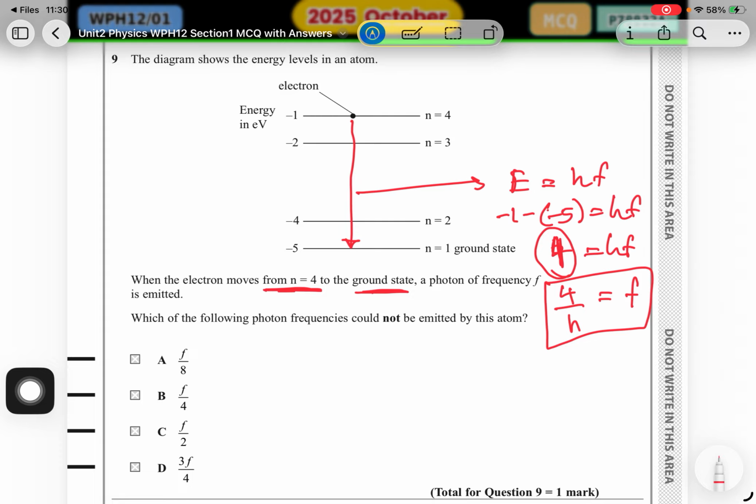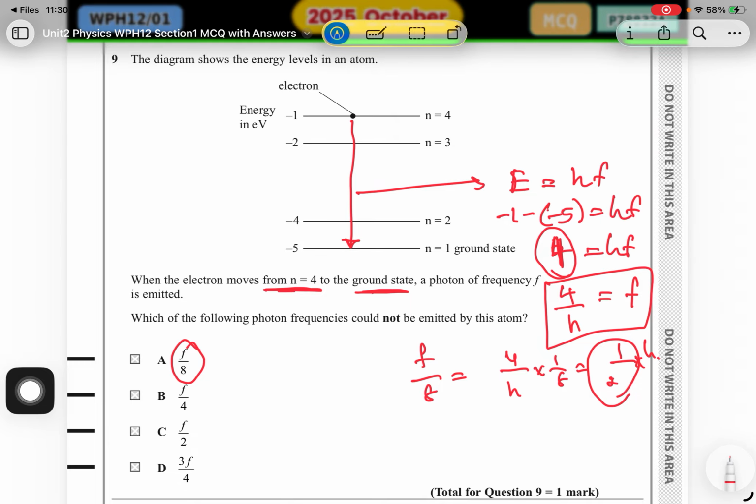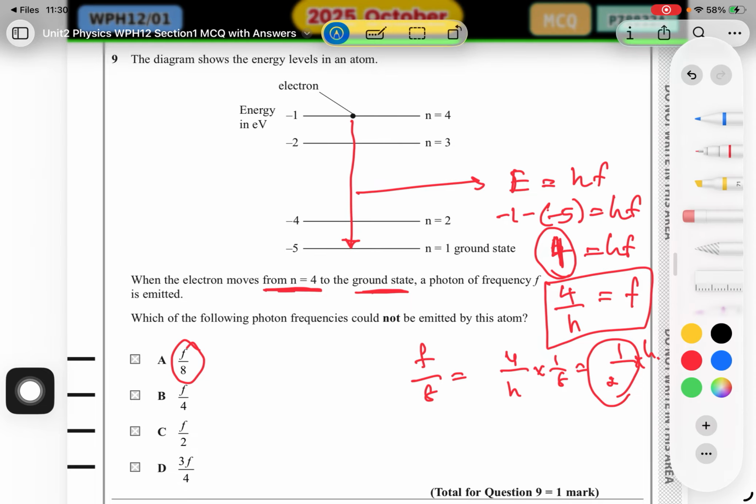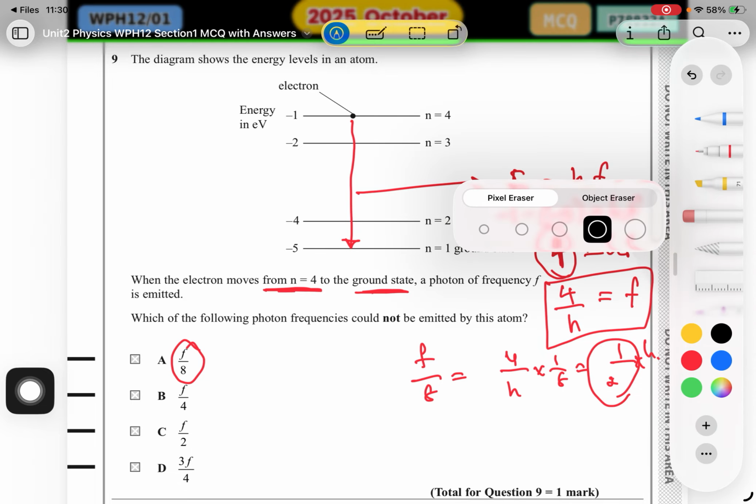So if I take the frequency divided by 8, it will be 1 over 2 times of, but this is going to be a lengthier method, so let me think of a shorter method than this. Let's think about this question freshly.